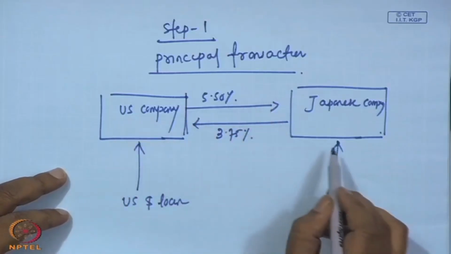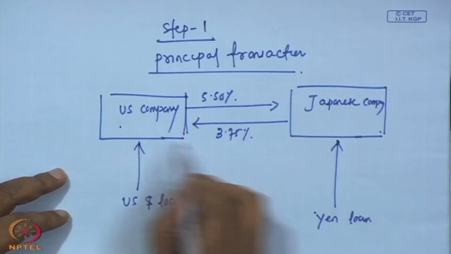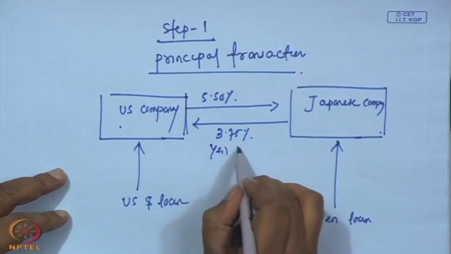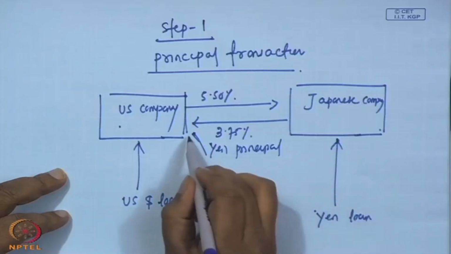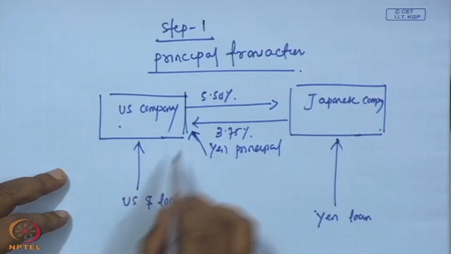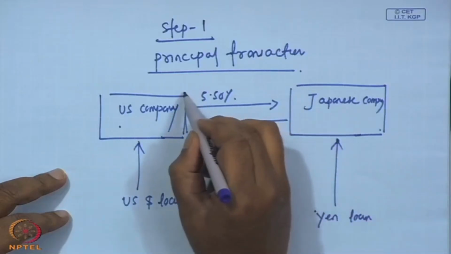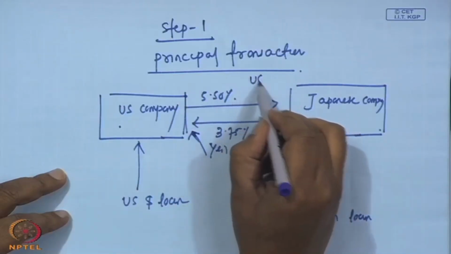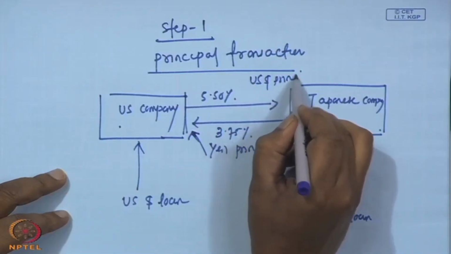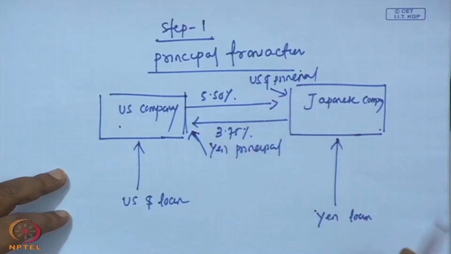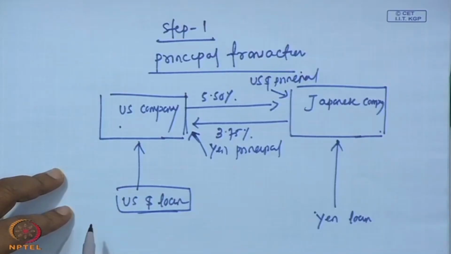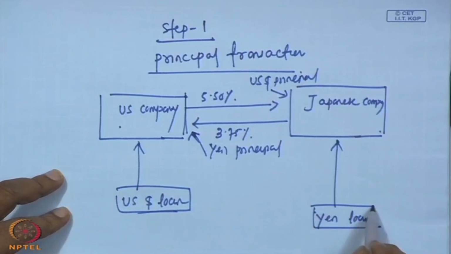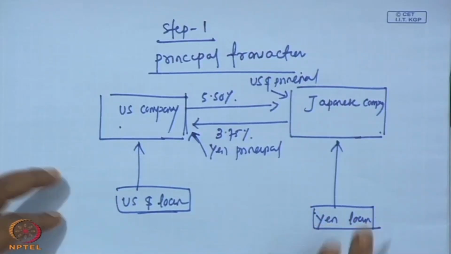However, the US dollar loan was raised by the US company in the US market, and the Japanese yen loan was raised by the Japanese company in the Japanese market.